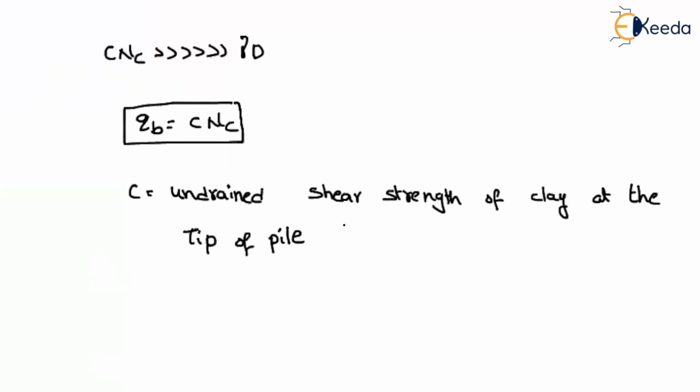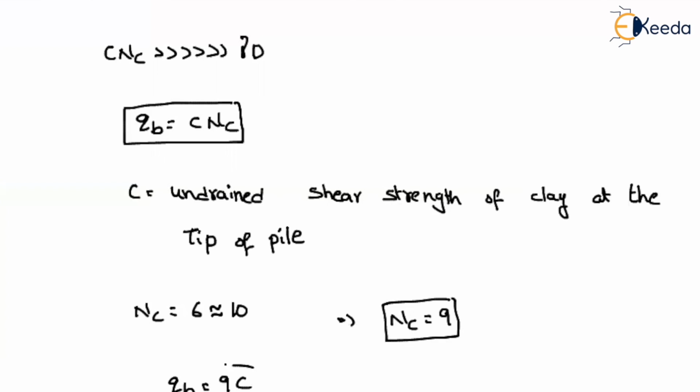So C is nothing but the undrained shear strength at the tip of the pile. Normally, Nc varies from 6 to 10, but it is recommended that you take Nc equal to 9. If Nc is given, directly consider that value. If Nc is not given, then your end bearing capacity is nothing but 9 into C. So this is the end bearing capacity.